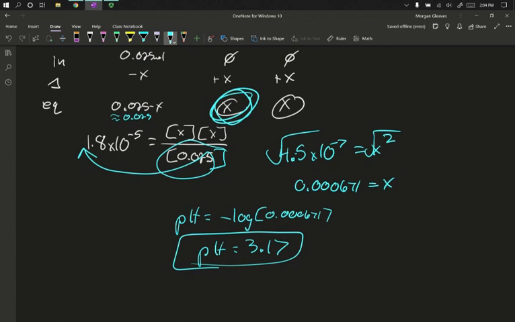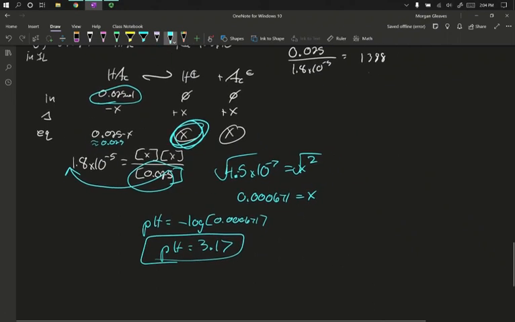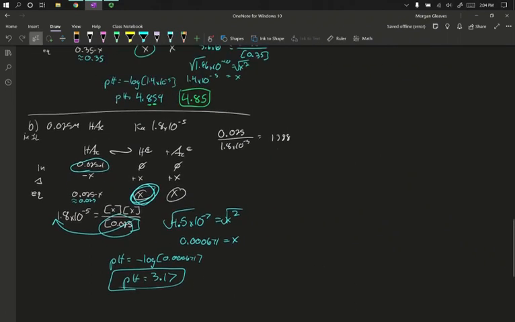So even though acetic acid had a lower starting concentration than our ammonium, 0.025 versus 0.35, it actually is more acidic. Our pH is 3.17 versus 4.85, and we see that in the Ka values: 5.6 times 10 to the minus 10 versus 1.8 times 10 to the minus 5. Just look at the exponents.